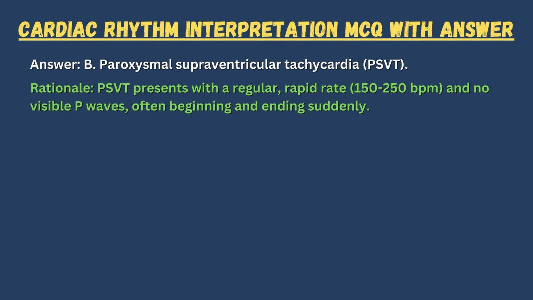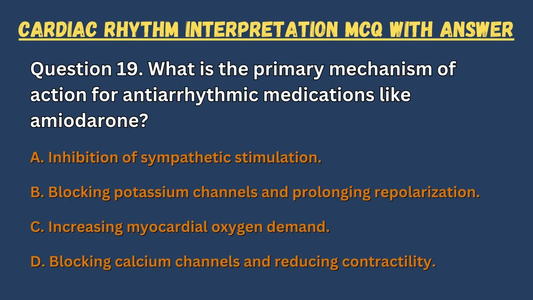Answer: B. PSVT. Rationale: PSVT presents with a regular, rapid rate, 150 to 250 BPM, and no visible P waves, often beginning and ending suddenly.